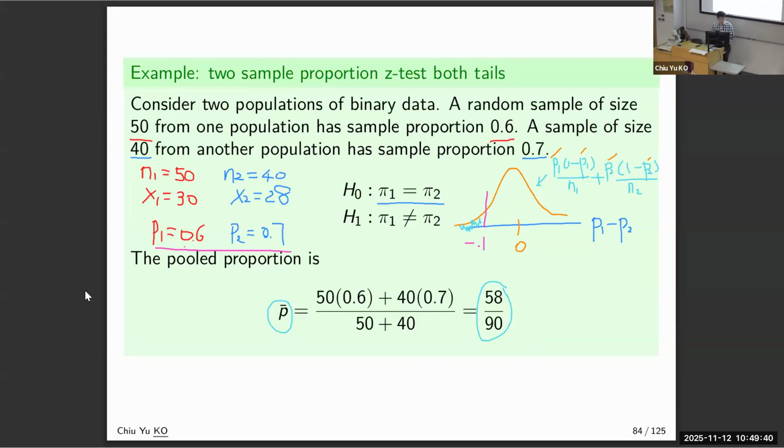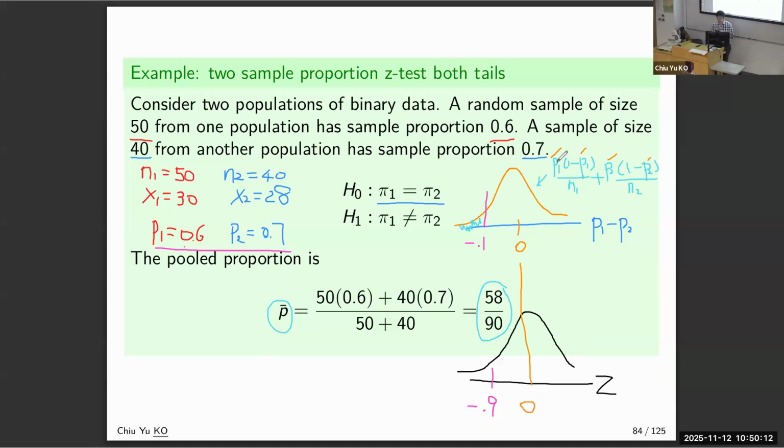0.9. So that means if you convert that to Z, 0 is here, you get a bell curve here, and negative 0.1 will be negative 0.9. Remember, how to convert this is just plug in the numbers here.